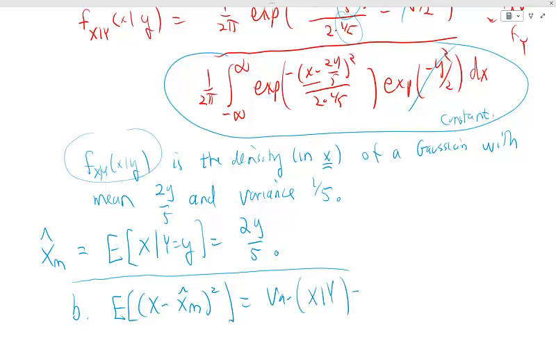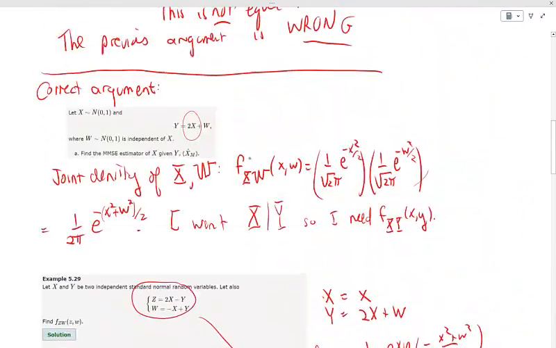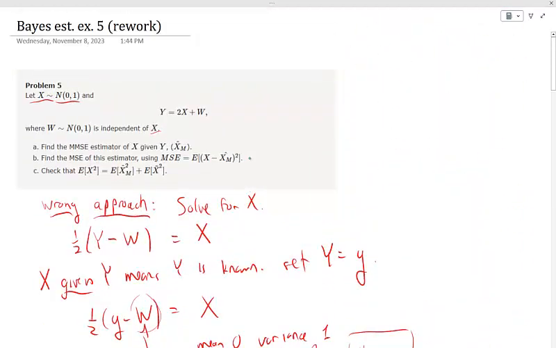And what's that? Well, it's 1/5. Now part C was you wanted to show that the expectation of x squared is the expectation of xm squared plus the expectation of x twiddle squared. X twiddle is just this, the difference here.